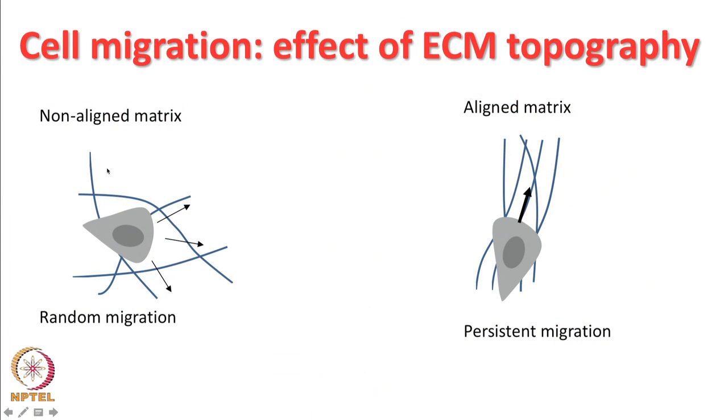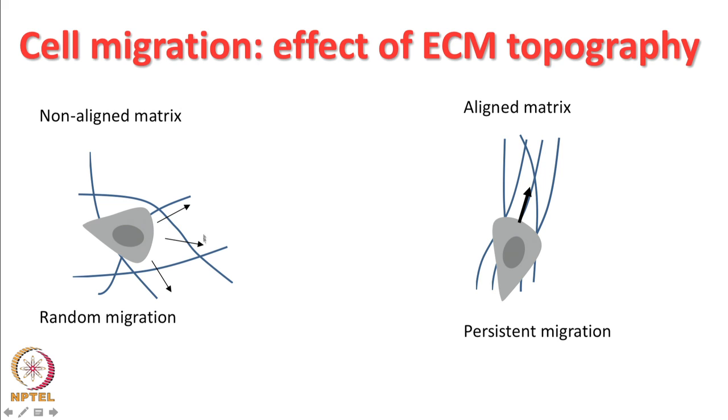So, you can have a situation of what I would call a non-aligned or a completely random matrix, and it is possible to envision that if you have a cell sitting on this kind of a random matrix, the cell has no directional cue from these fibrils.